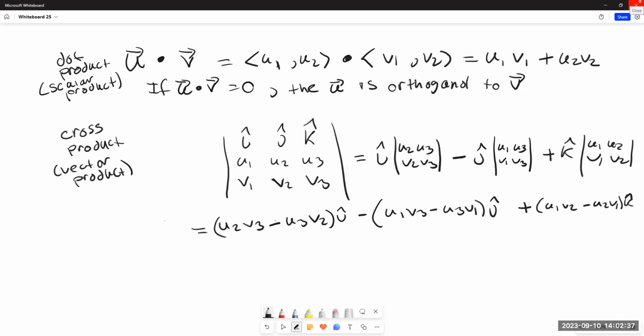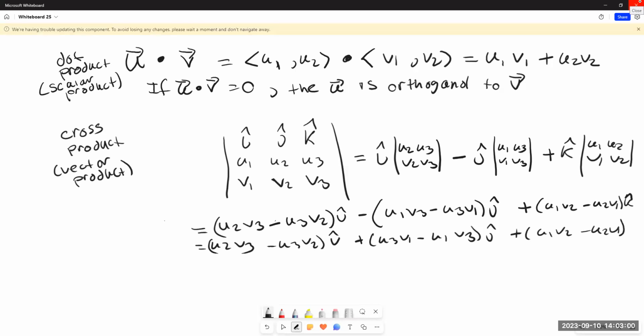And I'm just going to distribute this negative here: (u2 v3 minus u3 v2) i plus (u3 v1 minus u1 v3) j plus (u1 v2 minus u2 v1) k.